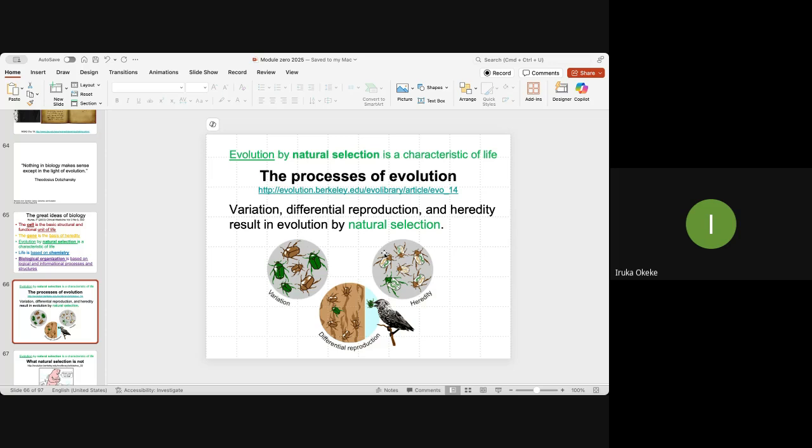Okay? And then there are environmental conditions that make some variants more successful than other variants, such that there is differential reproduction. Some variants will reproduce more than other variants, and so they will leave more descendants.